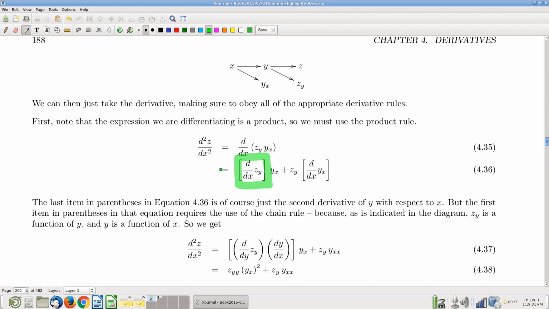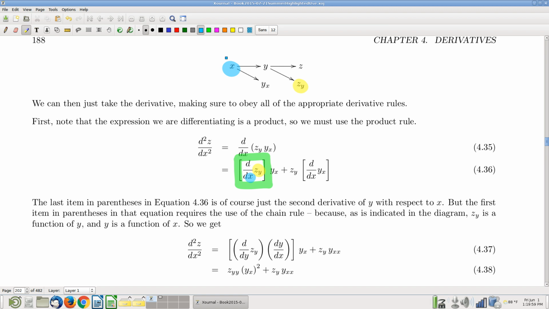This says derivative of z sub y with respect to x. And notice, you can see right here from the diagram, I think these diagrams are really useful. I'm a big fan. Please use them. It's going to save you, if not mistakes, it's certainly going to save you confusion. So thankfully we have this diagram.